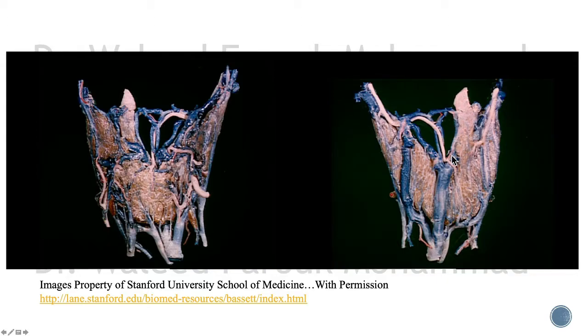It's called the pyramidal lobe, that projects upward from the upper border of the isthmus and is connected to a ligament here called the thyroglossal ligament. Actually, it was a duct before and obliterated. You know why we have a thyroglossal ligament?